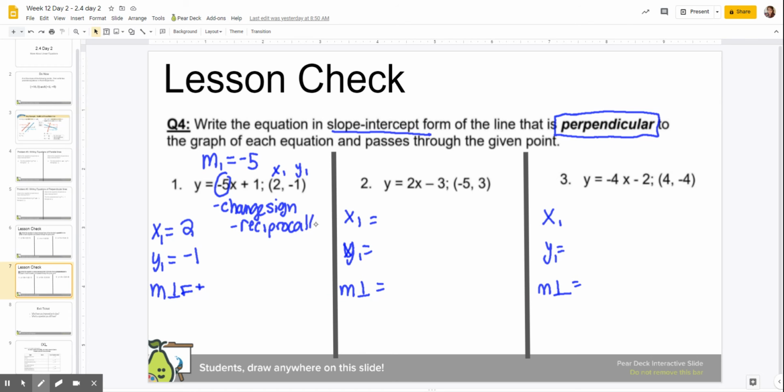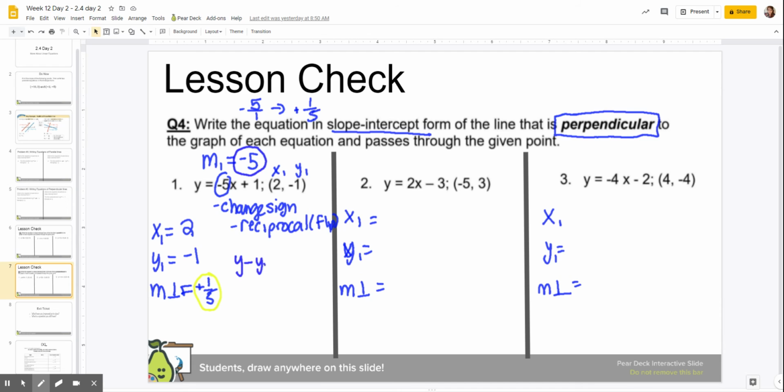So I'm going to flip it. Instead of it being 5/1, like it is right here, it's going to change to +1/5. So my new slope is +1/5. So you take the original slope, you change the sign, and then you flip it from 5/1 to 1/5.